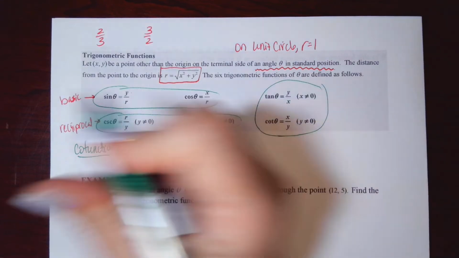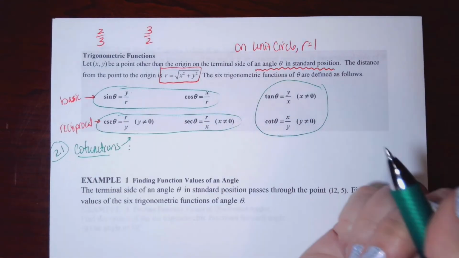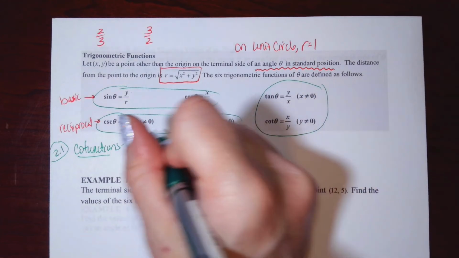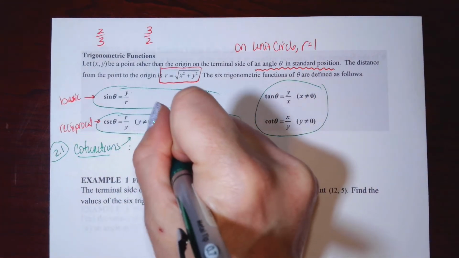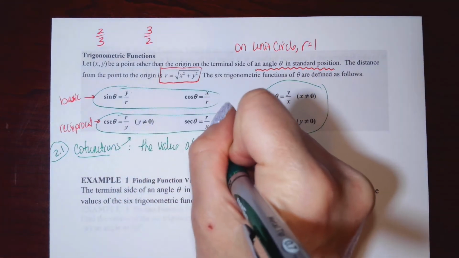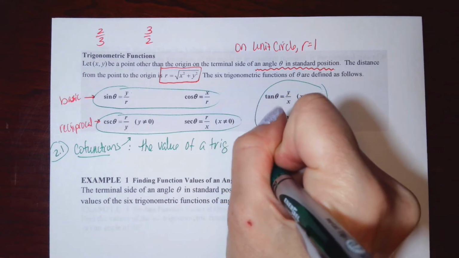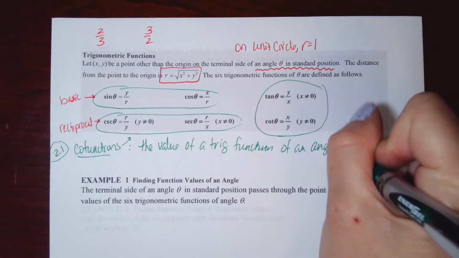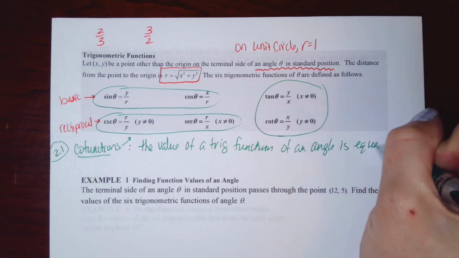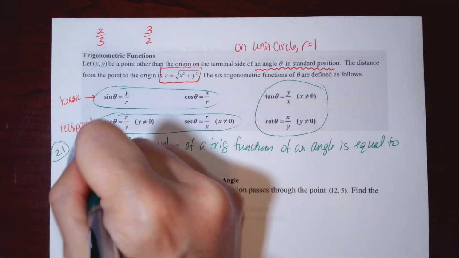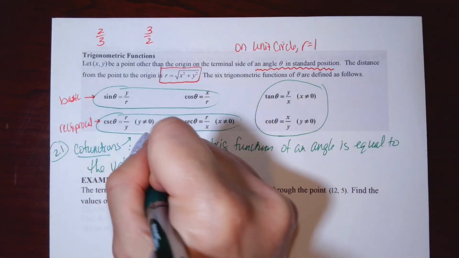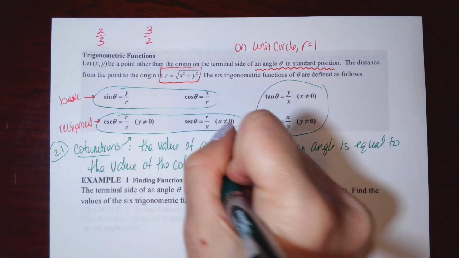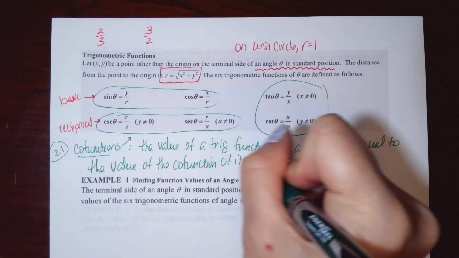I have a cofunction theorem that we're going to focus on next section in 2.1. The cofunction theorem says that the value of a trig function of an angle is equal to the value of the cofunction of its complement.